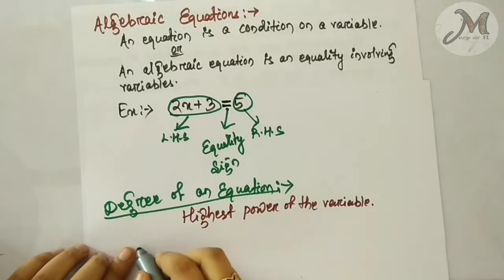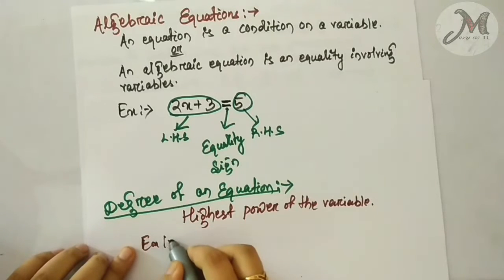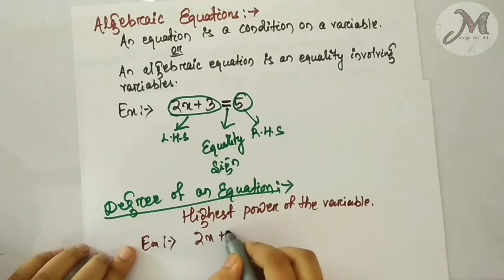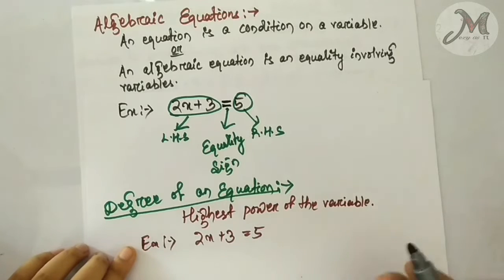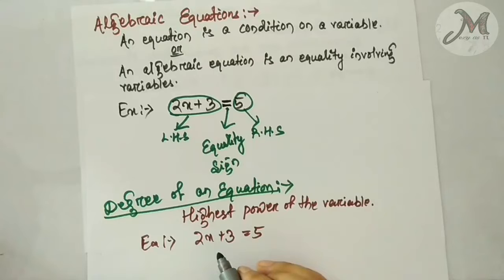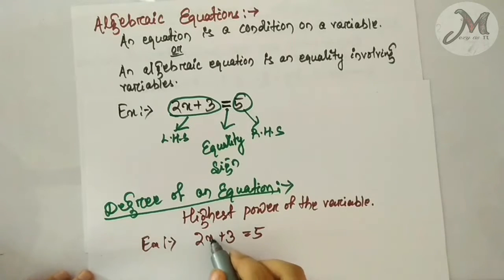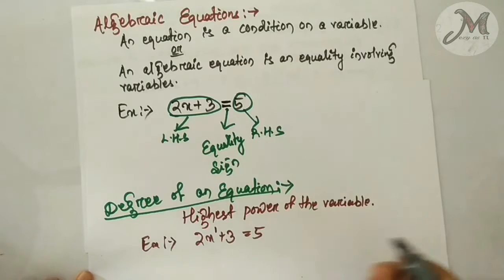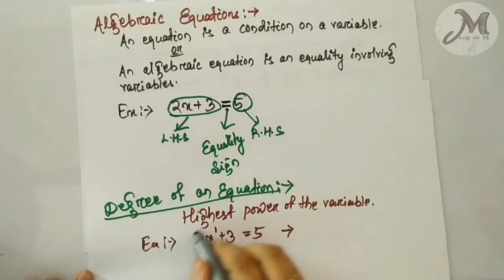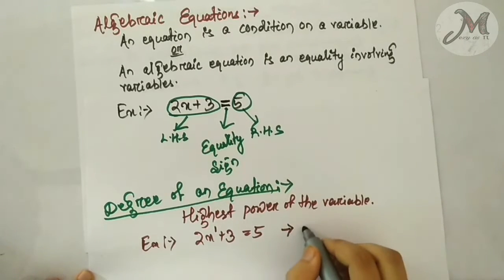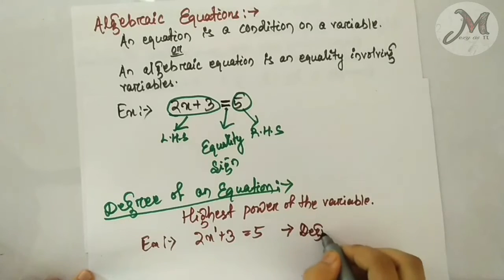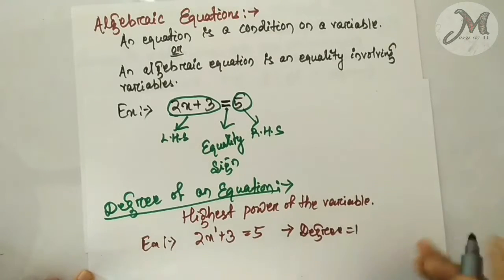For example, in the equation 2x plus 3 is equal to 5, we have only one variable, that is x. And what is the degree of x? Here the degree of the variable x is 1. So the degree of the entire equation is 1.